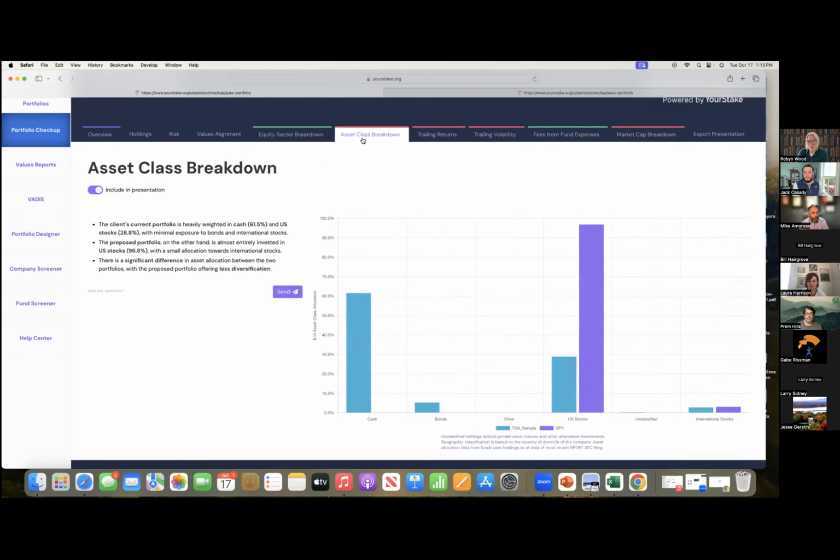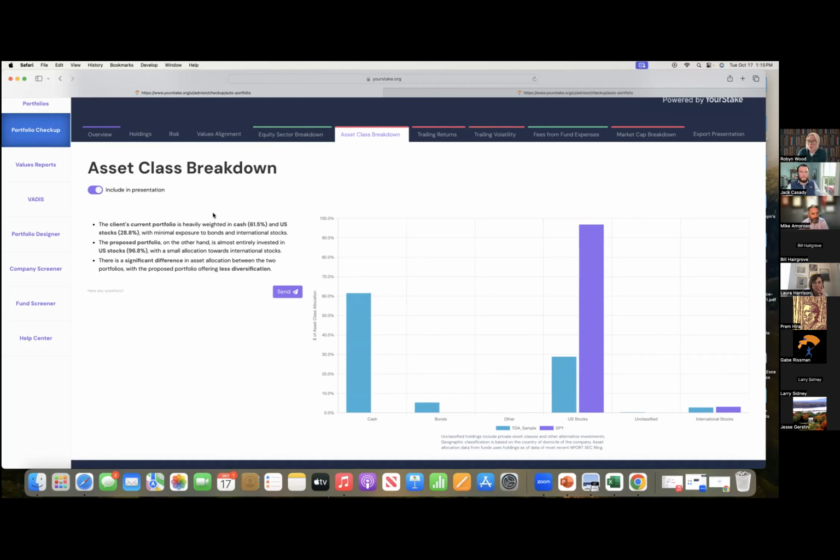Asset class breakdown, just looking at those various asset classes. I do want to point out over here to the left, we pulled out just some high level information in regards to the account or portfolio that we've uploaded compared to a benchmark, a model portfolio, whatever it may be.